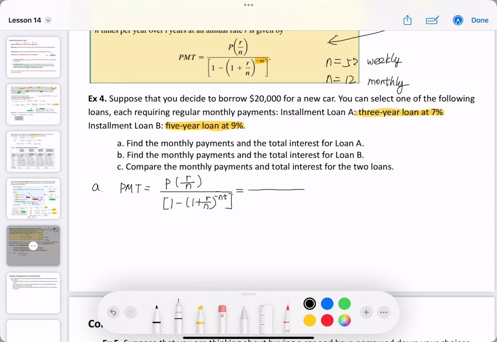And then plug in the P, R, and T values. P is the total amount of money of the car, 20,000. Multiply by the plan A, loan A, which gives you 7%. 7% is 0.07, 9% is 0.09.